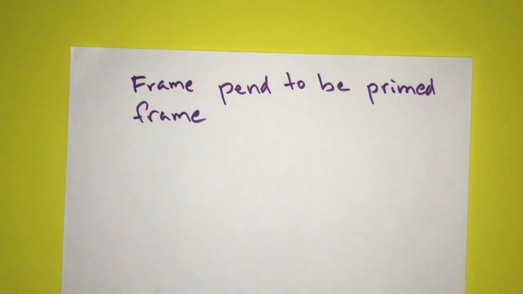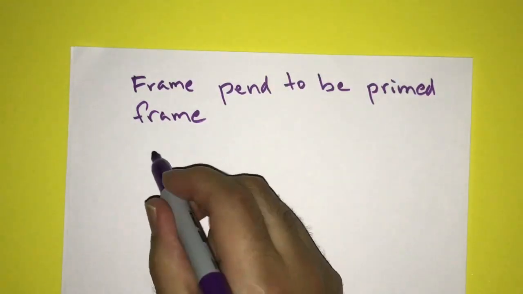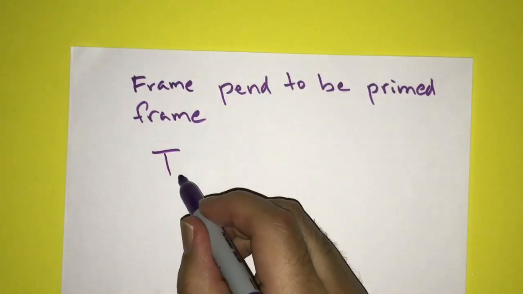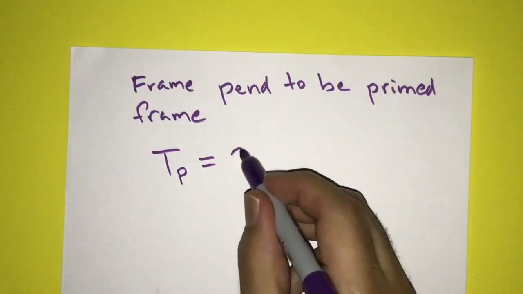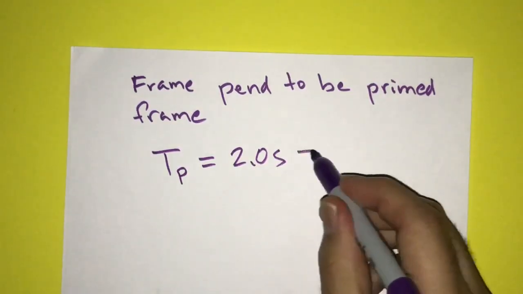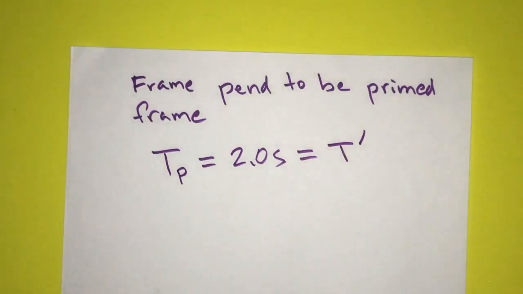Okay, so we're going to say that the proper time of the pendulum is going to be 2.0 seconds. And since we're calling this the prime frame, we could call this T prime.